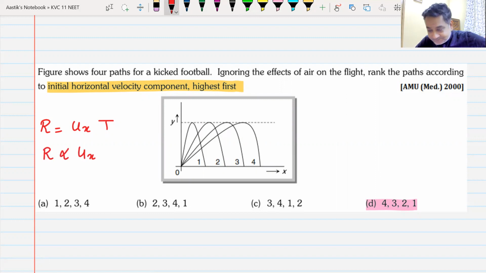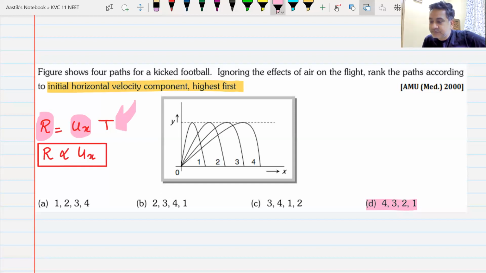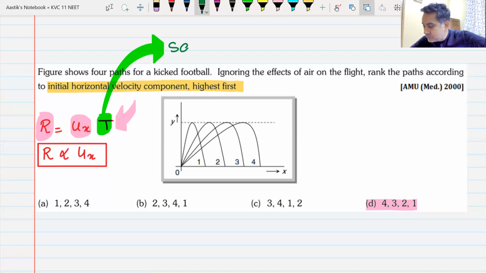In which case, for this to happen, what should happen? Look, range is equal to ux multiplied by something also. So it is directly proportional to ux only if this t, the time of flight, is the same. Now this time of flight is directly proportional to uy.